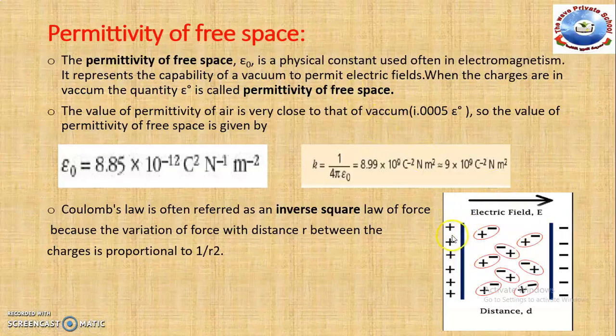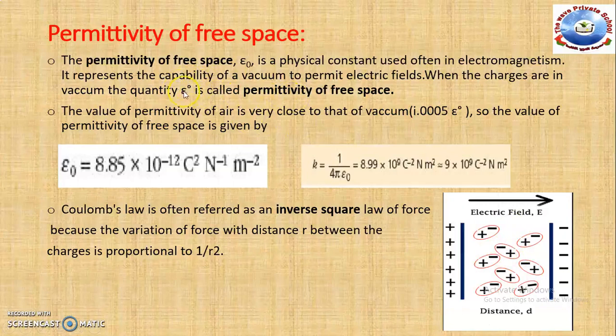As you can see here, if there are two capacitor plates, a positive plate and a negative plate, with charges on the opposite sides of the plates and the space between them is vacuum, then epsilon naught is called the permittivity of free space.